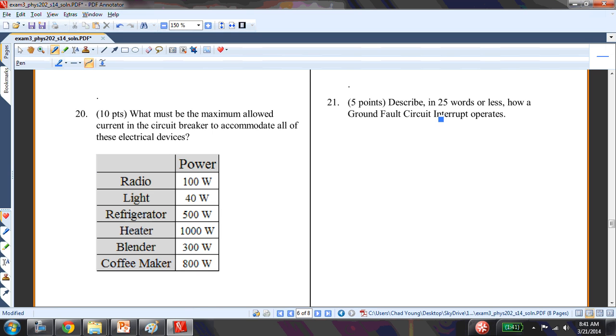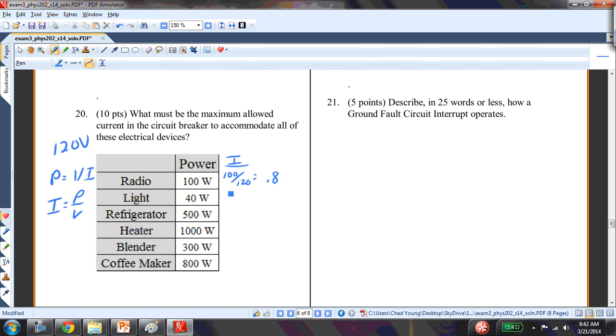What must be the maximum allowed current in the circuit breaker to accommodate all of these electrical devices? Well, they all operate at 120 volts. And so P equals VI. So I want to find the current for each. That's going to be P over V. So 100 over 120 equals 0.83.